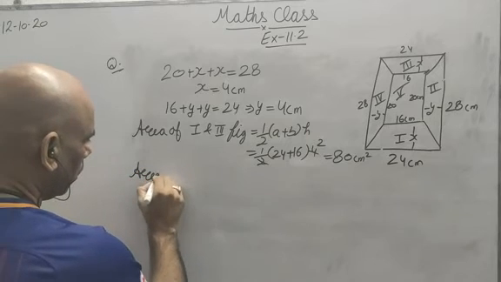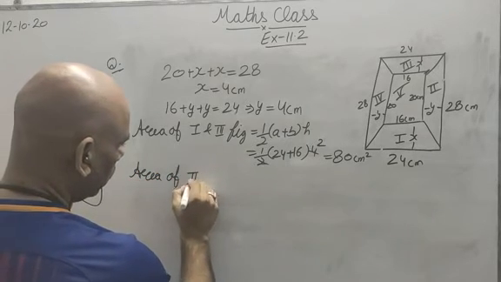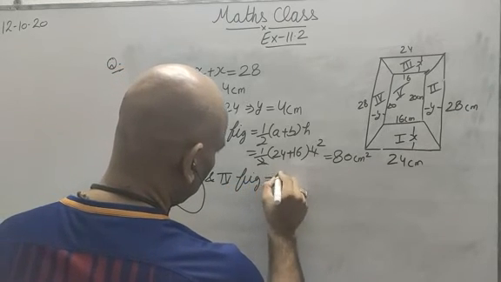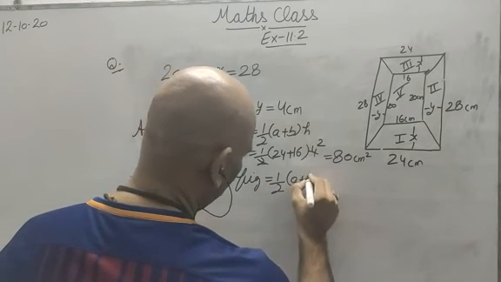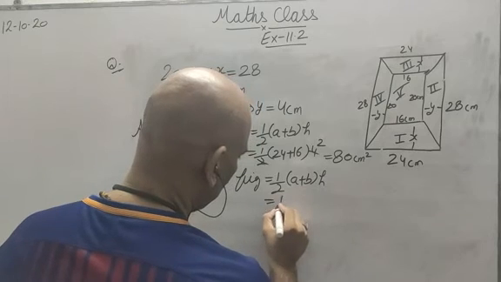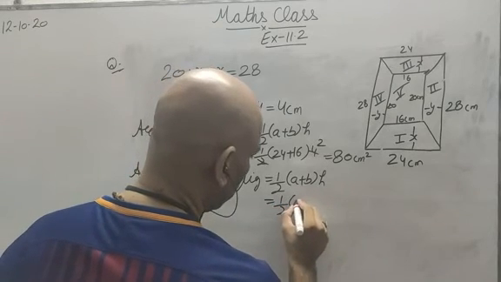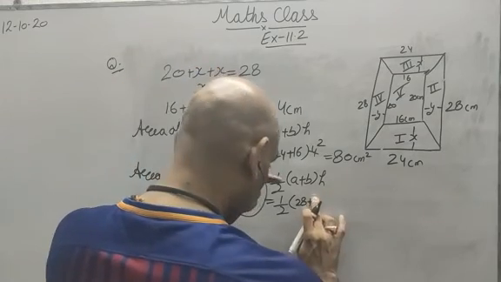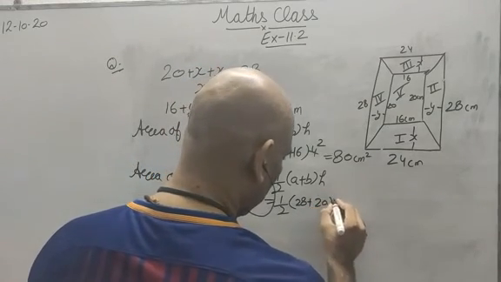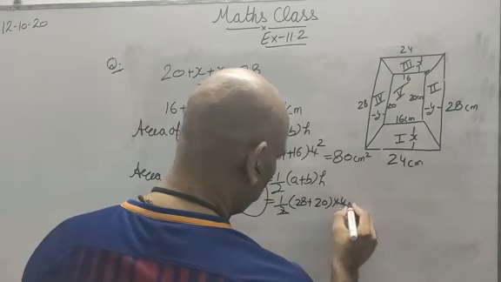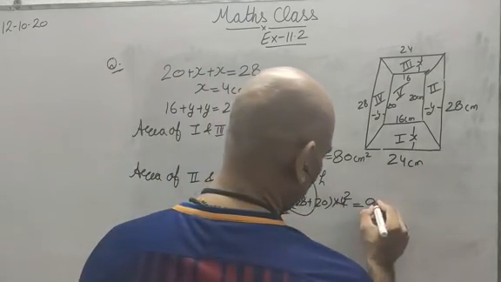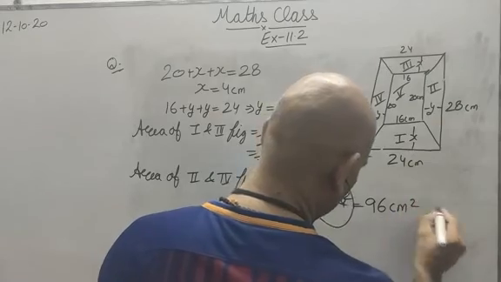Now area of second and fourth figure. Again the same formula, half a plus b into h. Half a is 28, b is 20 and h is 4. 2 2s are 4, 28 and 20, 48, 2 24s are 96 centimeters square.